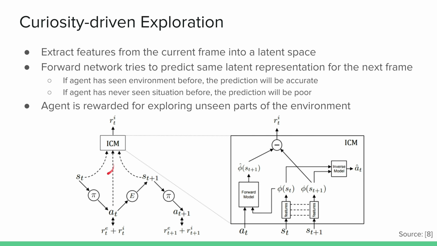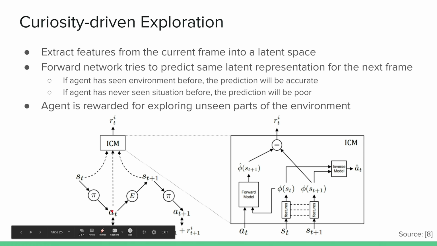So that is our agent here. We have a policy, which takes an action, and we move into the next state. And this is the interesting part here. So we have the state S at the time step T. We can extract some features. And we have a forward model, which tries to predict, given the representation from the last state and the action that we're taking, the same representation of the next time step.